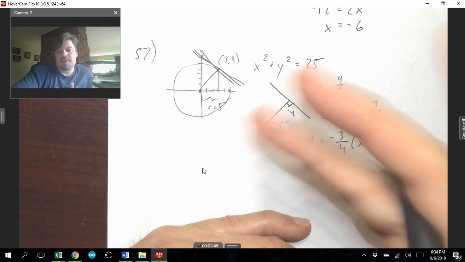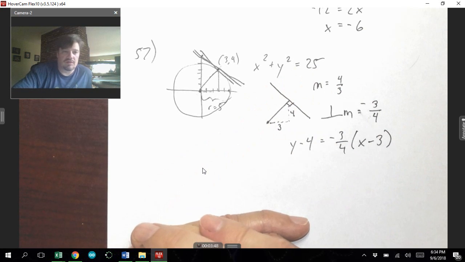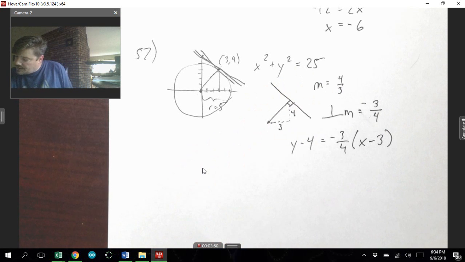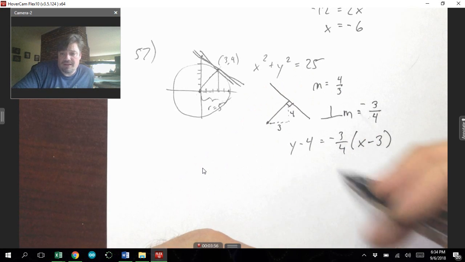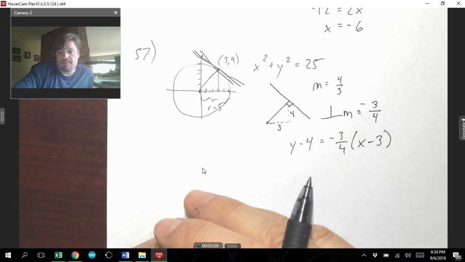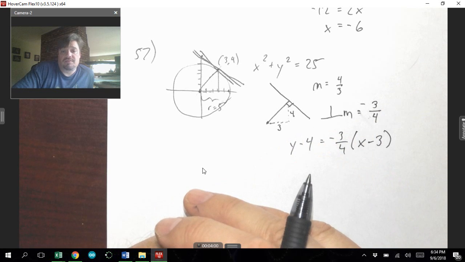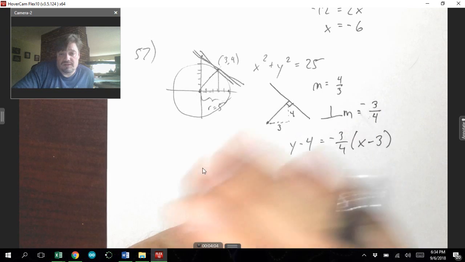Now, we could leave it at that. In fact, let's look at the directions right here. It says find an equation of the line tangent to the circle at that point. Technically, we could stop here. If we wanted to multiply this out, that'd be fine, but point slope form is very easy to put in your graphing calculator, so we could just stop right here.